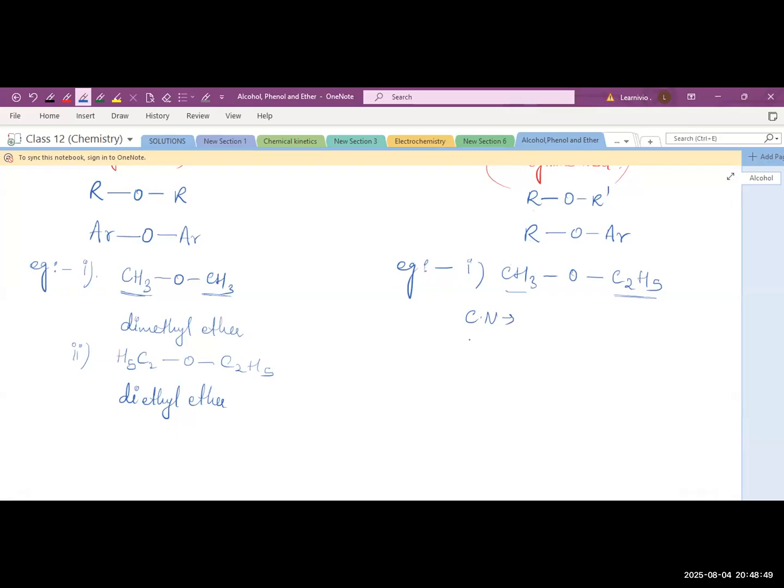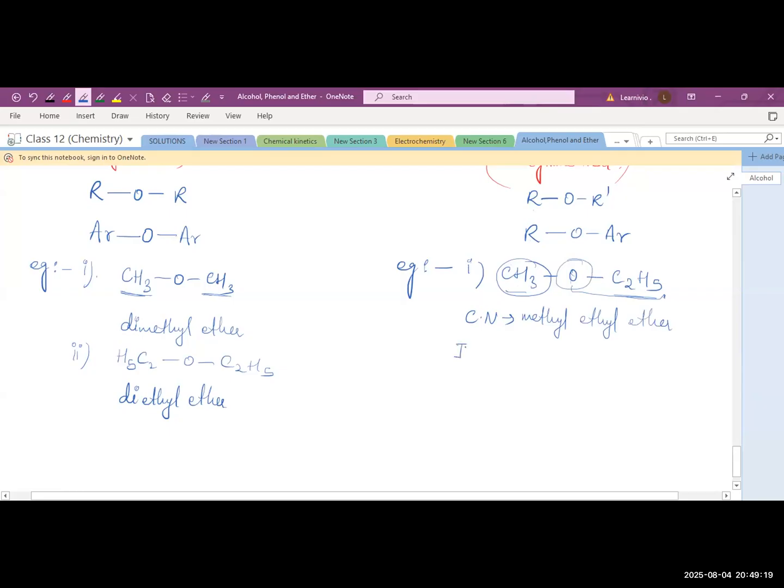Ether हम last में लिखते हैं and we just write down the smallest carbon chain first, right? So basically it will be methyl. This is a methyl. The common name लिखना बहुत ही simple है. It's methyl. And what is this? This is ethyl. Methyl ethyl ether. Right? इसके लिए हम अलग से नेम दे रहे हैं, ईथर दे रहे हैं.